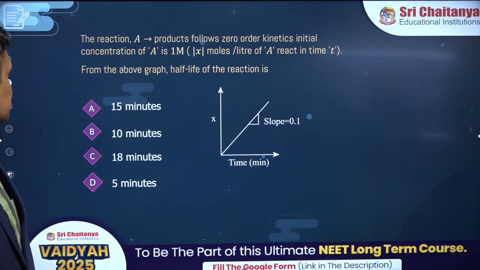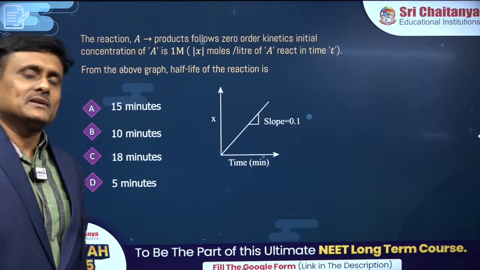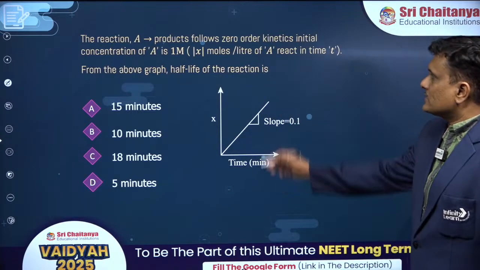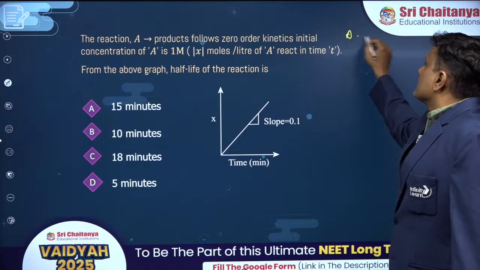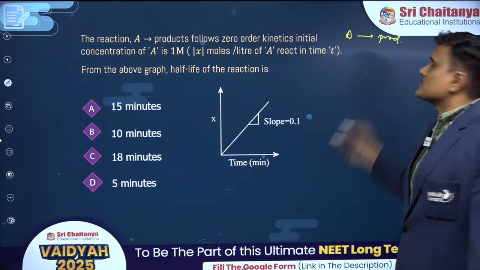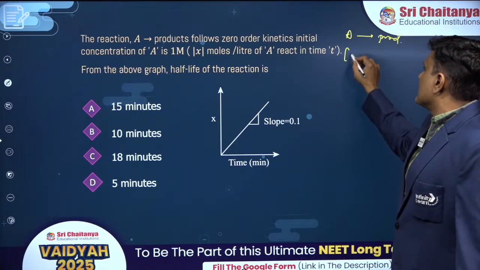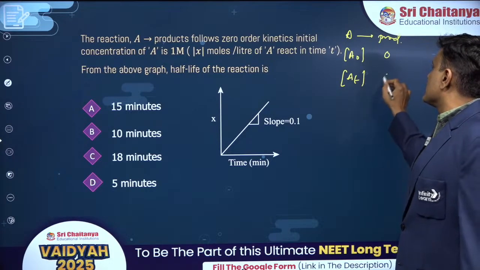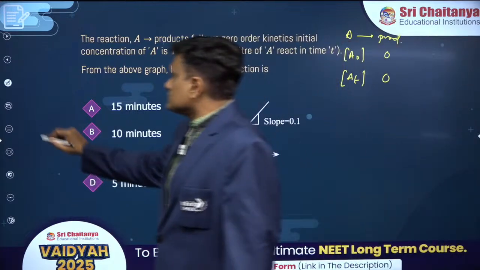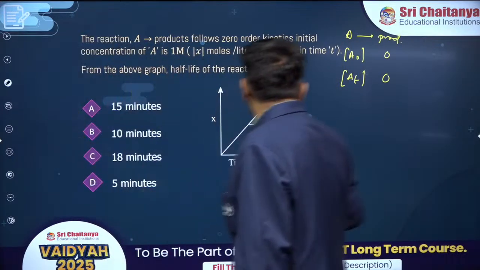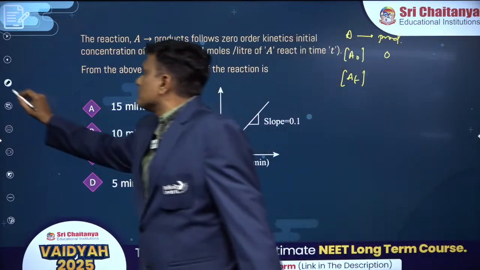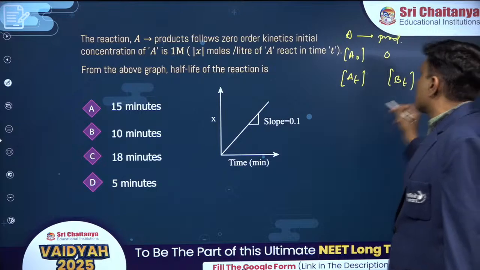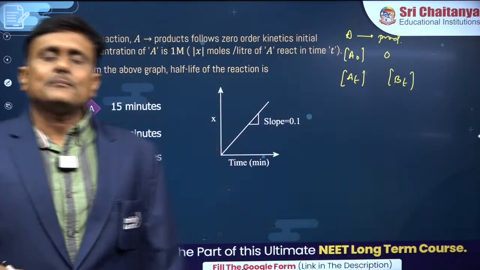Good going. Now let's solve this question. A little bit of mathematics is involved in this reaction. If you take a reaction A giving rise to products, you start with some initial concentration A naught, and after some time the concentration of A becomes some At, and the product concentration becomes some Bt.